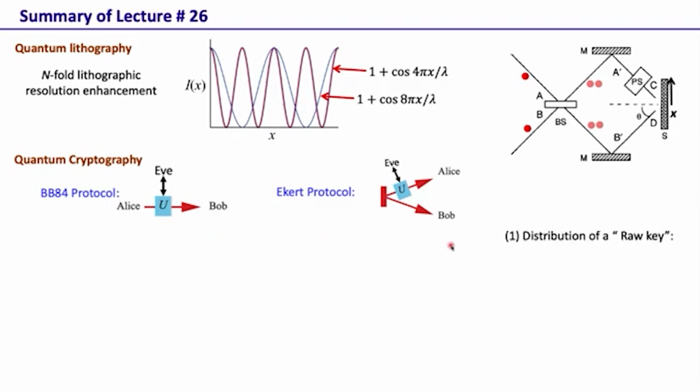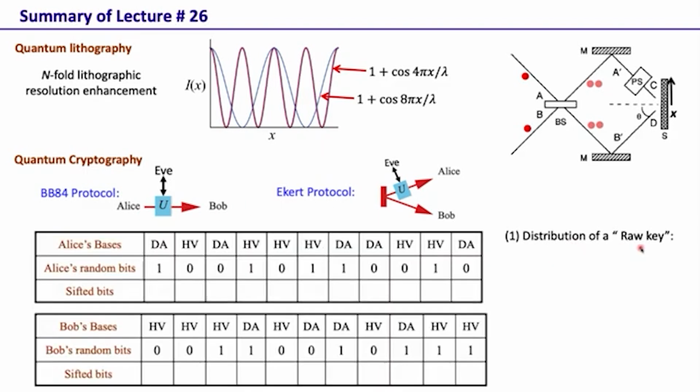So the way both these protocols work is that first it involves what's called the distribution of a raw key, in which Alice sends a qubit or a string of qubits to Bob, and similarly in the Ekert protocol, the source sends out an entangled pair of qubits to Alice and Bob, and then Alice makes a measurement on that qubit, and that measurement by Alice on the qubit is equivalent to Alice sending qubits to Bob here.